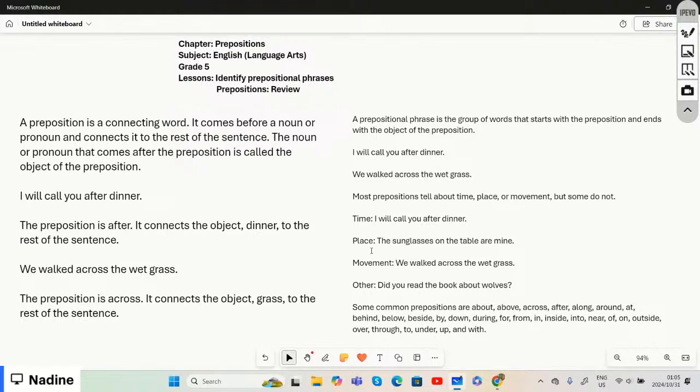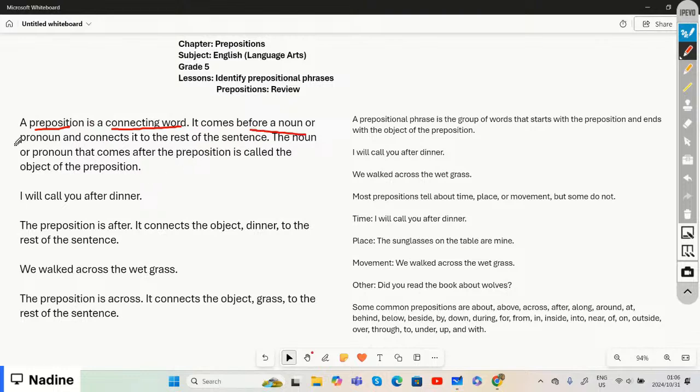A preposition is a connecting word. It comes before a noun or a pronoun and connects it to the rest of the sentence. That is a preposition.